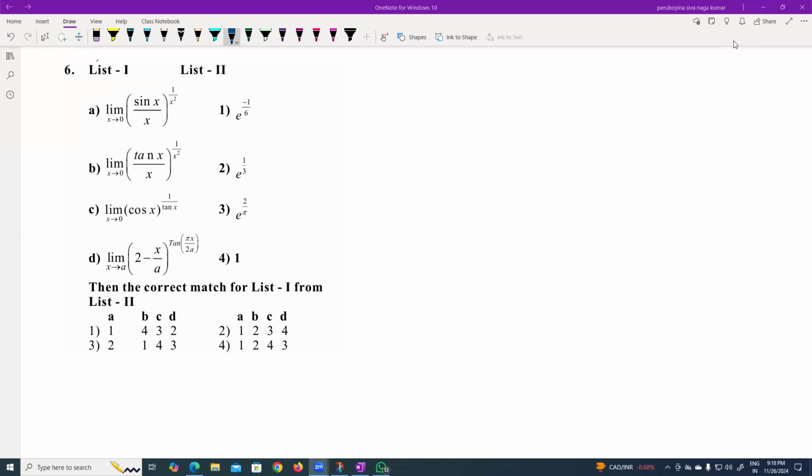So first we will solve list 1. First problem A: limit x tends to 0 of (sin x by x) whole power 1 by x square. If you substitute the limit, you will get 1 power infinity.